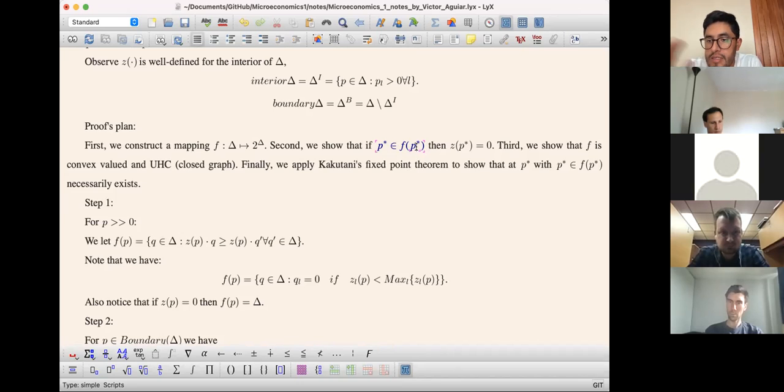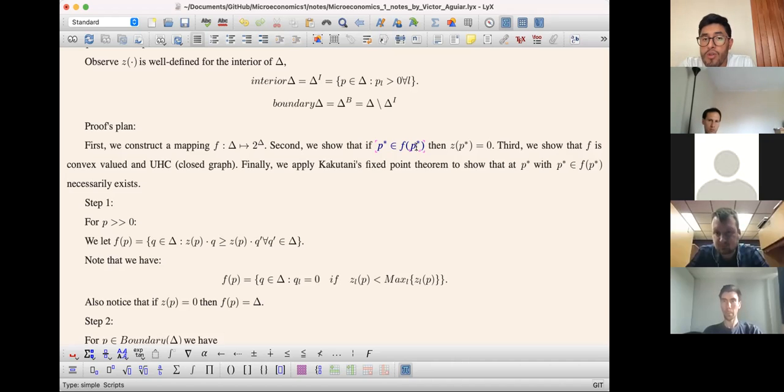This is a fixed point for correspondences. Do you see the difference? In other words, there is a point in the domain, P star, that is also in the image. Now, the image of this mapping can be a set because it is a correspondence. That's the only thing that has changed.